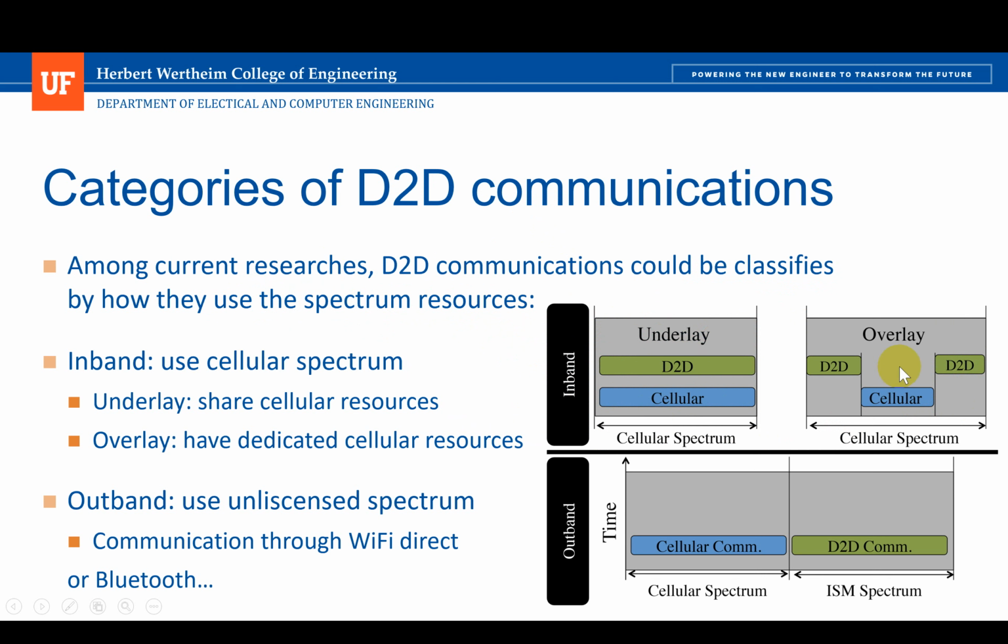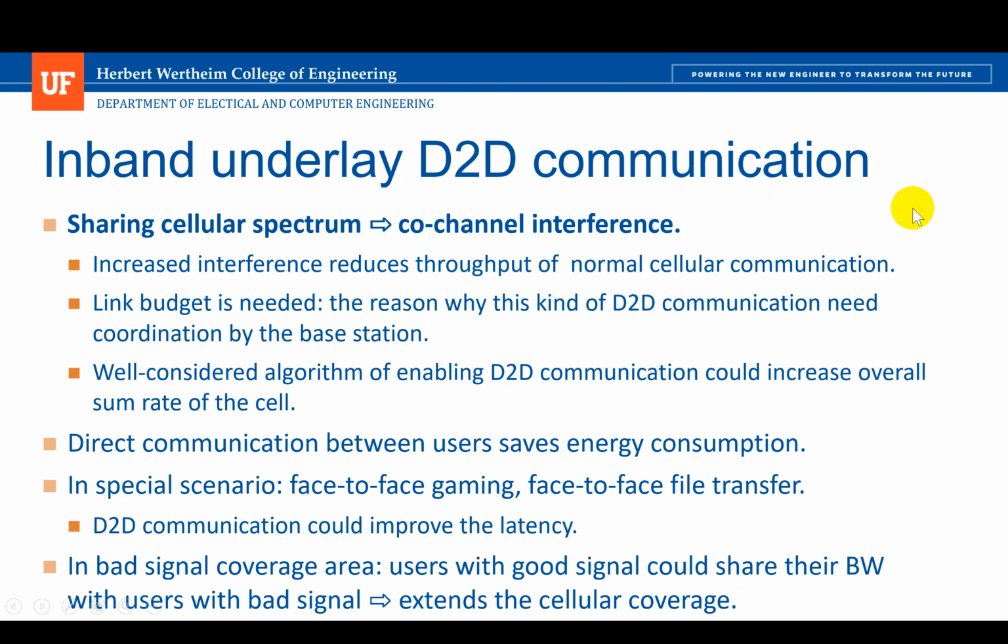And if they have dedicated cellular resources, it is called the overlay. Other researchers propose outband D2D communication. Instead of cellular resources, they use some other unlicensed spectrum like Wi-Fi or Bluetooth. So this paper narrowed their scope of research to in-band underlay D2D communication.